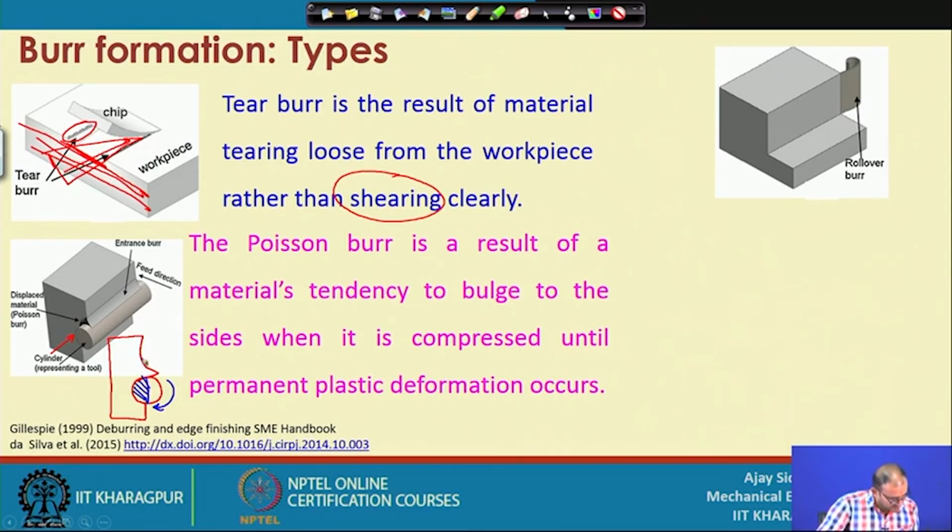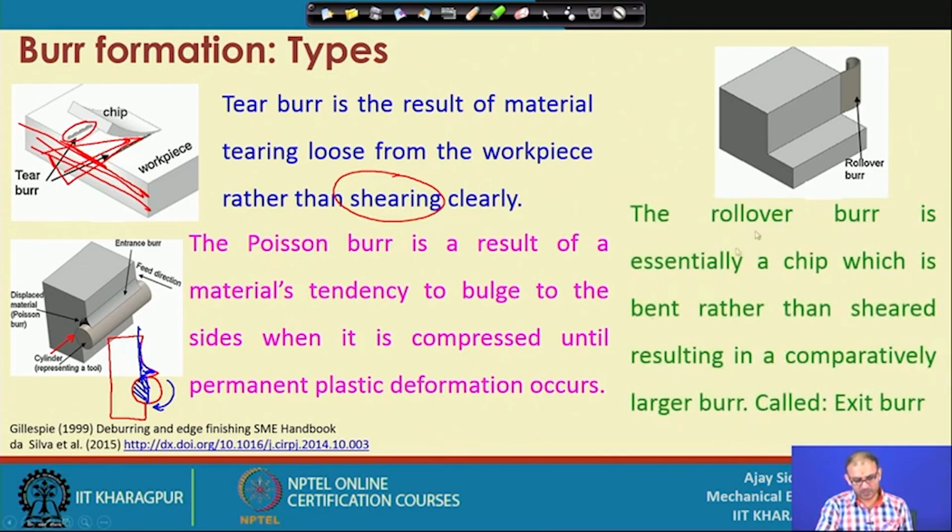So, this material is going to this particular location, correct. Now this is called a Poisson burr. Whenever you get this type of Poisson burr, it is because of the displaced material. If you continue in this direction with rotation, there is a high chance that this Poisson burr will be removed.